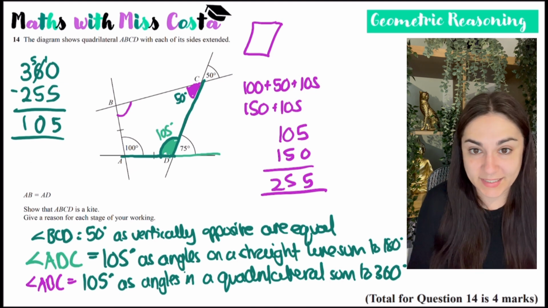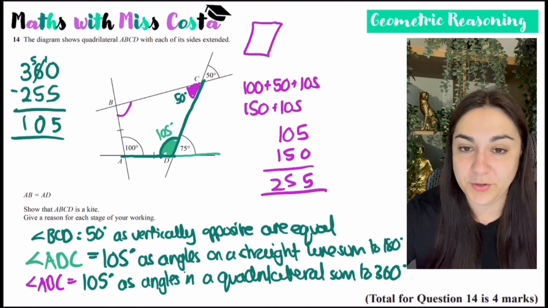Now, even if you didn't know the properties of a kite, you still could have got all of these marks just by using your angle reasoning.